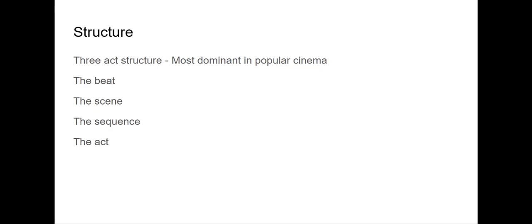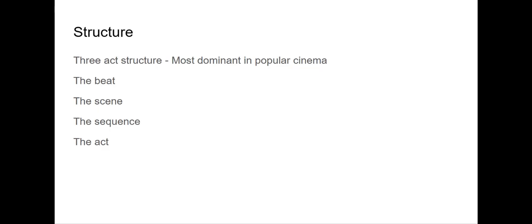All right, 3 or 4 scenes equals the sequence. A sequence is a collection of scenes, and the sequence as well as a unit turns from positive to negative or negative to positive. You get 3 sequences. Now you have the act, and the act goes from positive to negative or negative to positive.